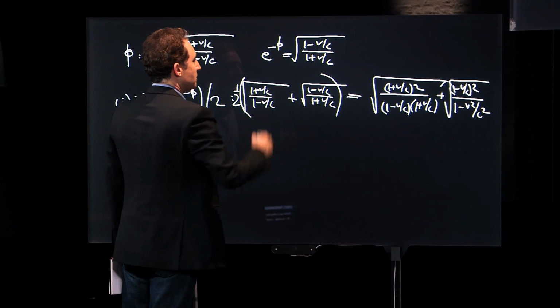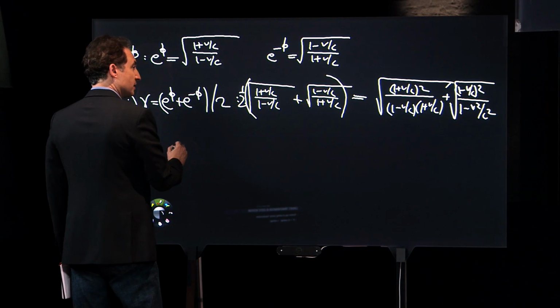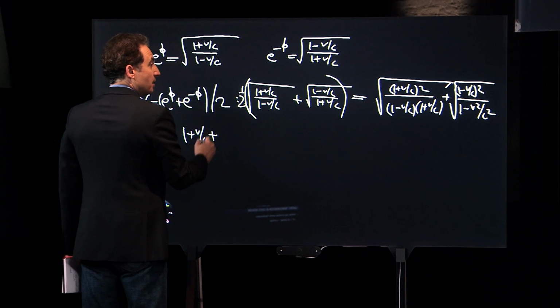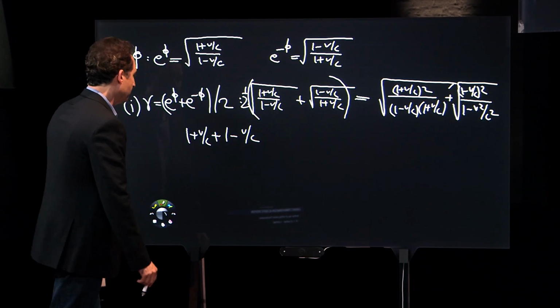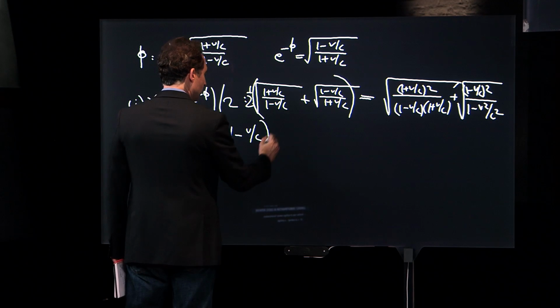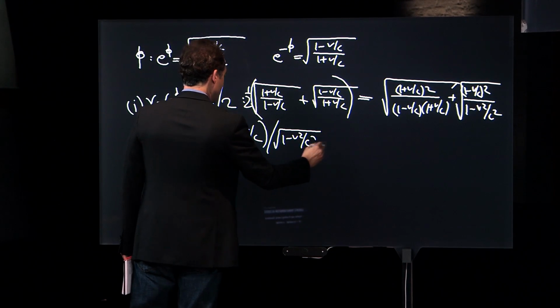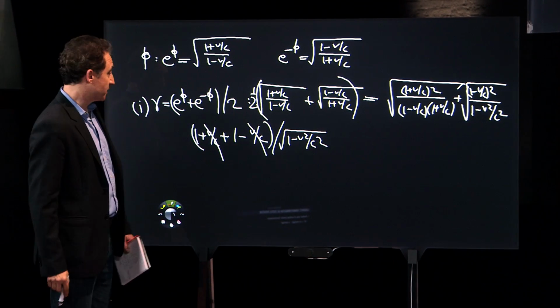All right, so putting those 2 guys together, the square roots take away the squares on top, so we get 1 plus v over c plus 1 minus v over c from the second term, and both of these guys are over the square root of 1 minus v squared over c squared. And we see that the v over c goes against the v over c.